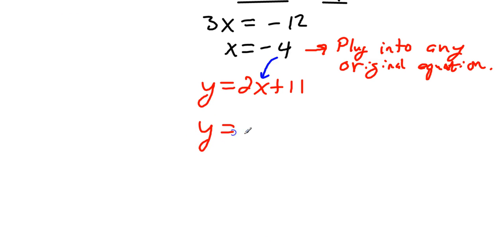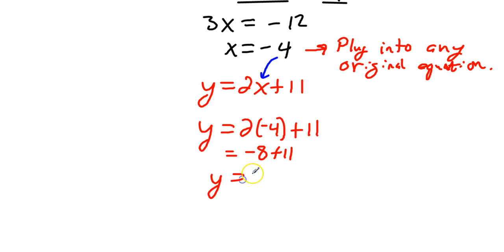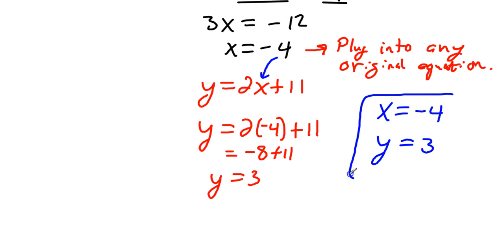So y would equal 2 times negative 4 plus 11. That's negative 8 plus 11, so y would equal 3. And they should give you two separate boxes to go back and plug your x and y values in there.